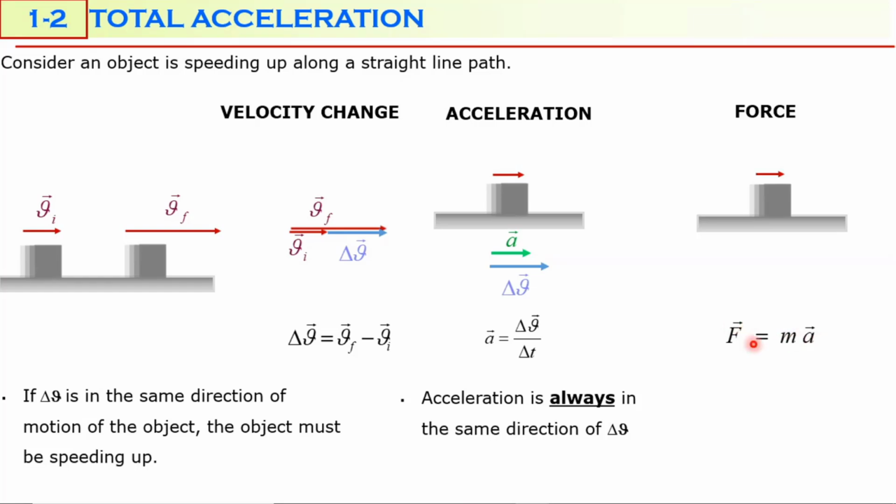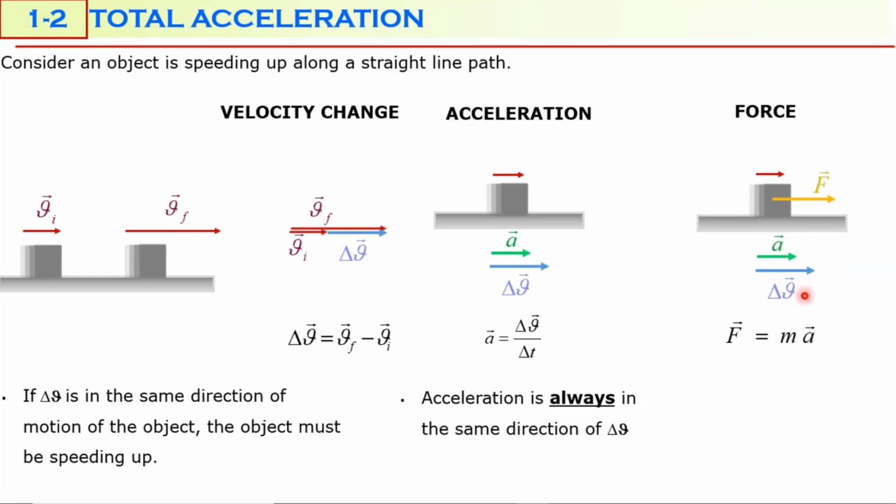So the force acting on this object must be in the same direction as acceleration. This is delta V, this is acceleration, and the force acting on the object also must be to the right.